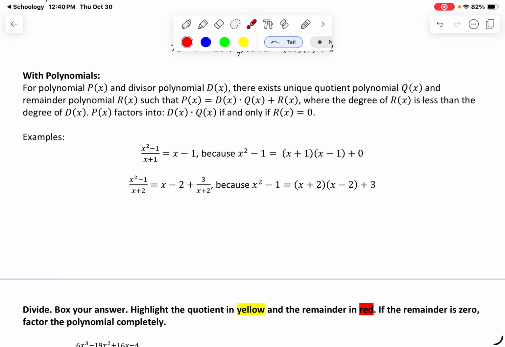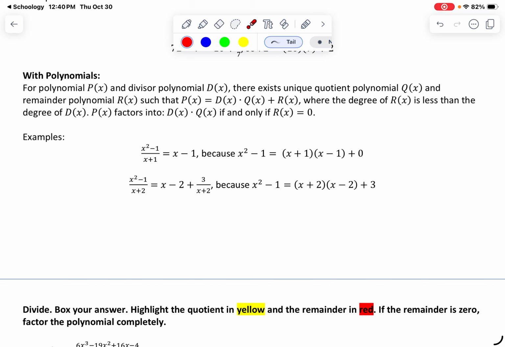So what that's telling us is x plus 1 is a factor of x squared minus 1, and the other factor is x minus 1. So when we divide x squared minus 1 by x plus 1, we get x minus 1 with no remainder, and that's because this times this is equal to this with no remainder, okay?